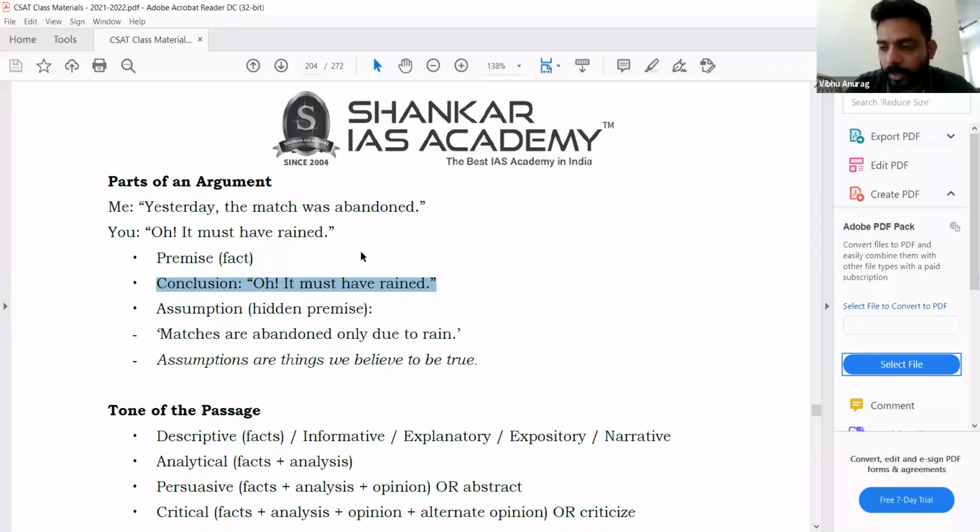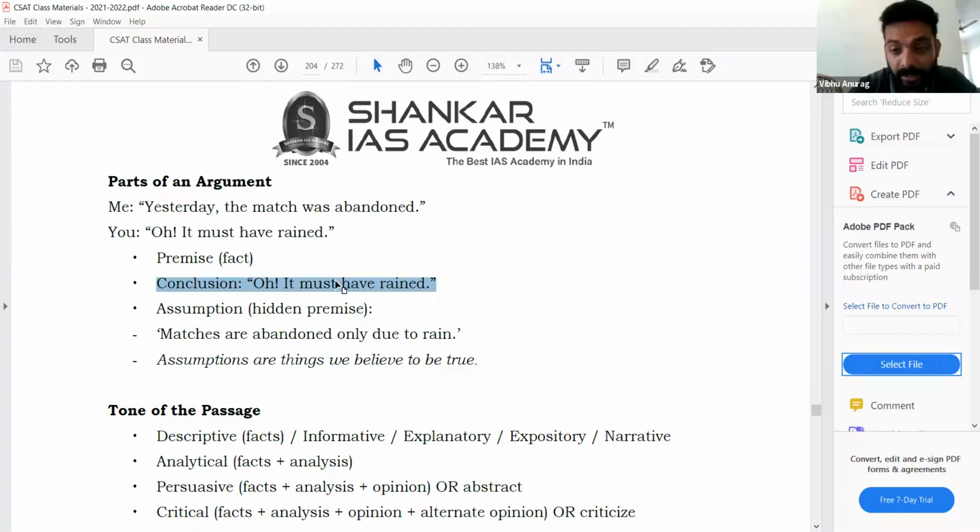Assumption is what this is based on. If you think of it, you have received some information that a match was abandoned, and you have replied that okay, it must have rained. So in your mind, match abandoned equals rain. Am I correct? You can type and tell me, is this logic correct? Whoever is saying this must have rained, because of the word must, they are ruling out all other possibilities. So in their mind, match abandoned equals rain.